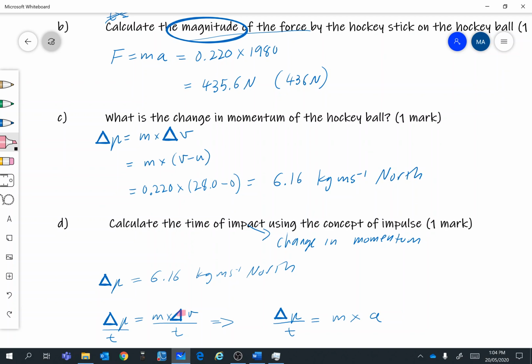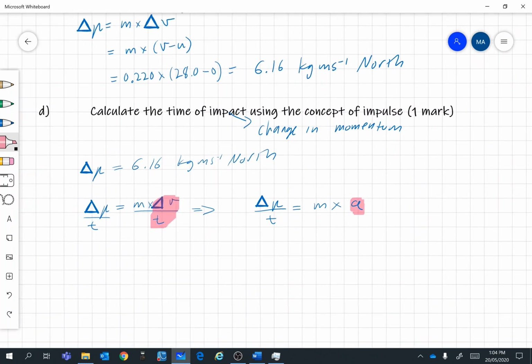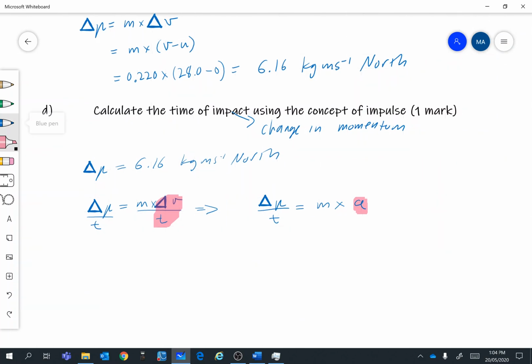Well, we know that change in v over t is equal to acceleration. So we know the change in momentum is 6.16. Time is what we're trying to find. The mass is 0.220 and the acceleration is 1980 as before. By rearranging this, we get that t is equal to 6.16 over 0.220 times 1980.